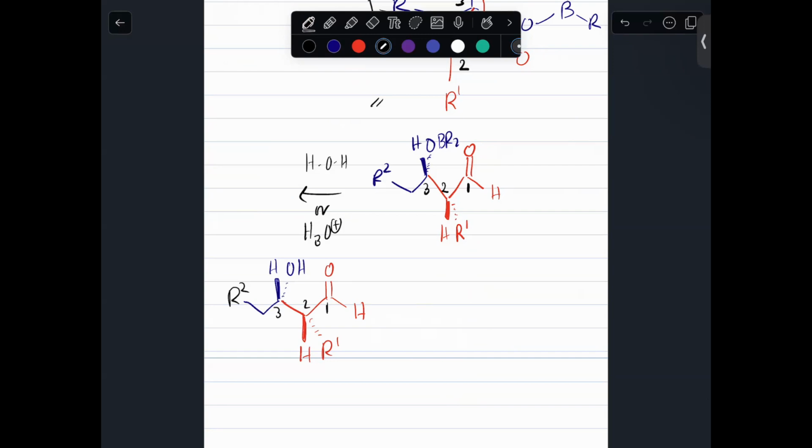because my aldehyde in this case is on the right side. And if I flip it around so that my aldehyde is now on the left side, now my R1 group is wedged. And my OH group is wedged.